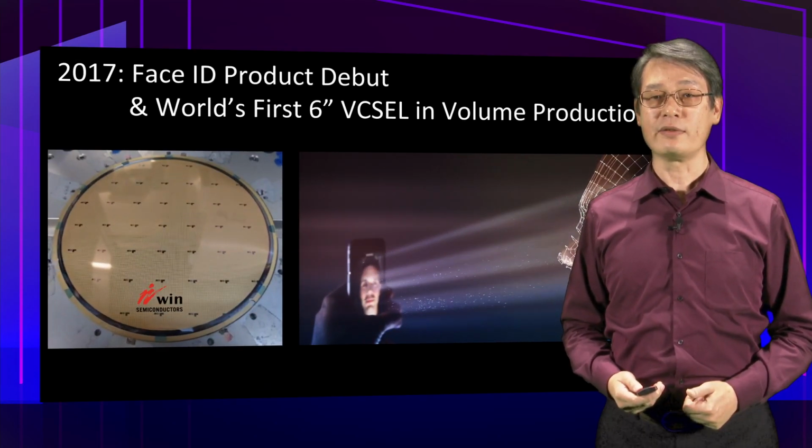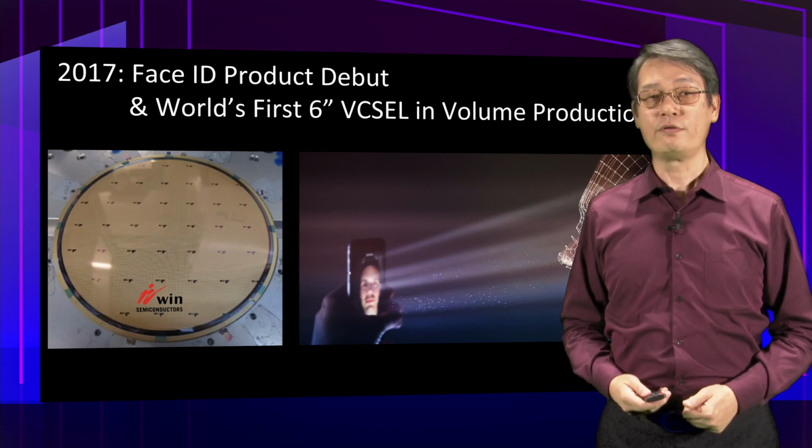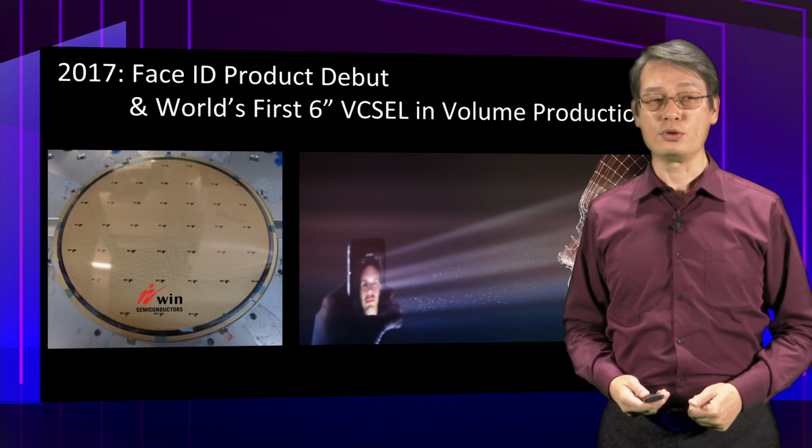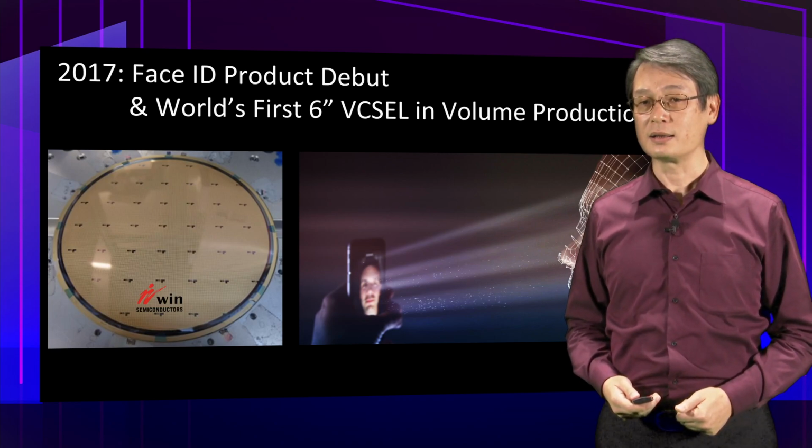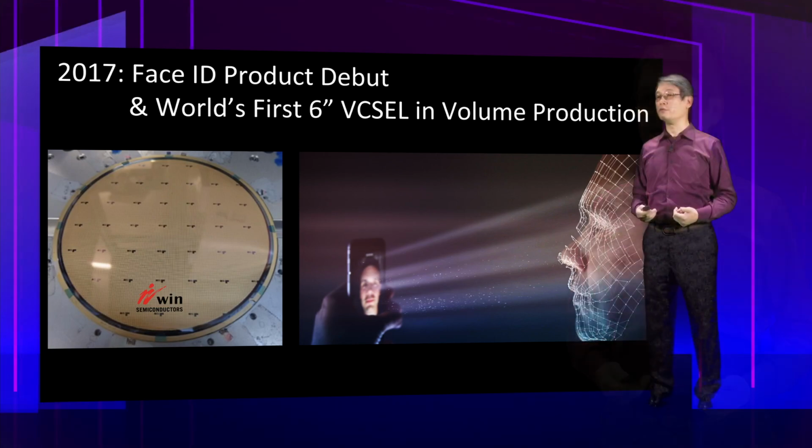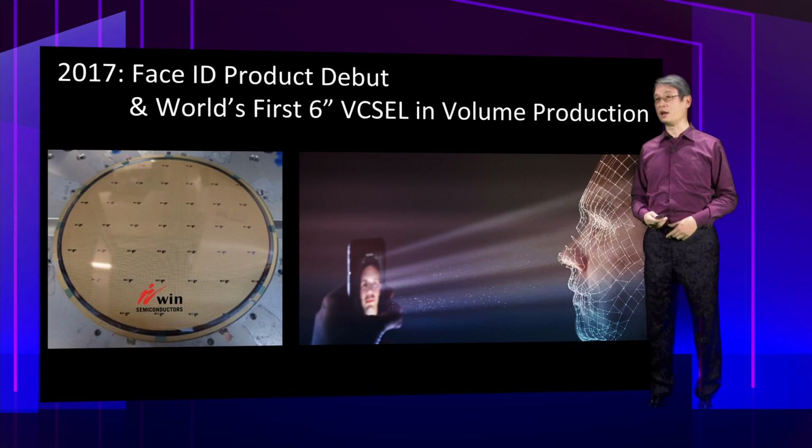In 2017, the iPhone for the first time introduced the Face ID product using VCSEL as the light source for a 3D sensing device. This was the first time in the world that gallium arsenide VCSEL was in true volume production, on 6-inch gallium arsenide wafers at Win Semiconductors.